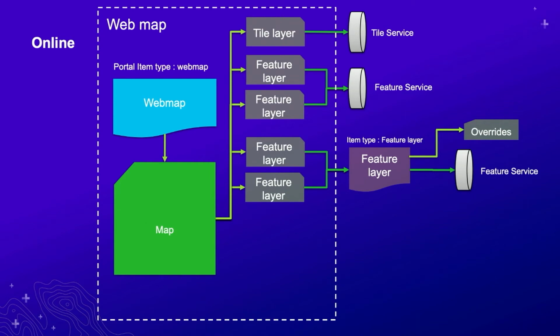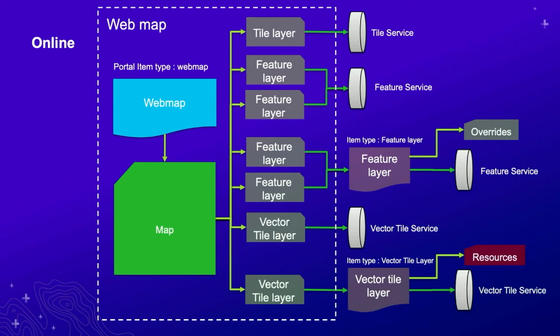It's very flexible. A vector tile layer connects to a vector tile service, and just like a feature layer, a vector tile layer can connect to a vector tile layer item, which allows you to override aspects of the vector tile service. This is exactly what we do to support all the different base maps that Esri provide.